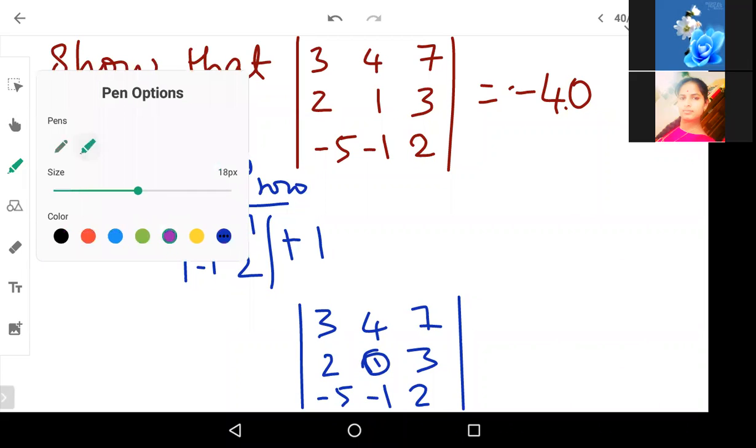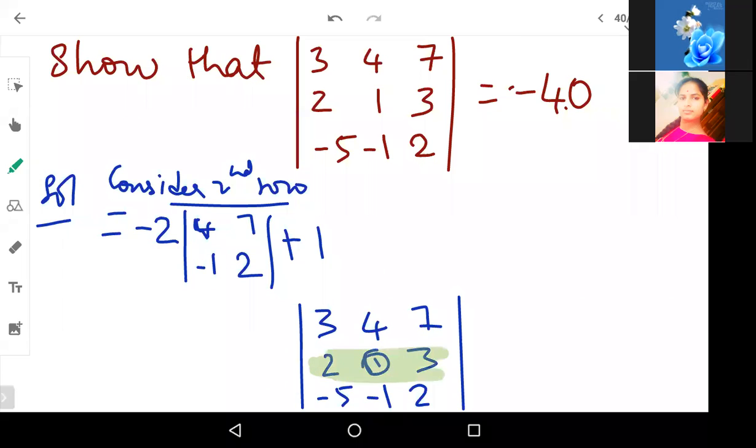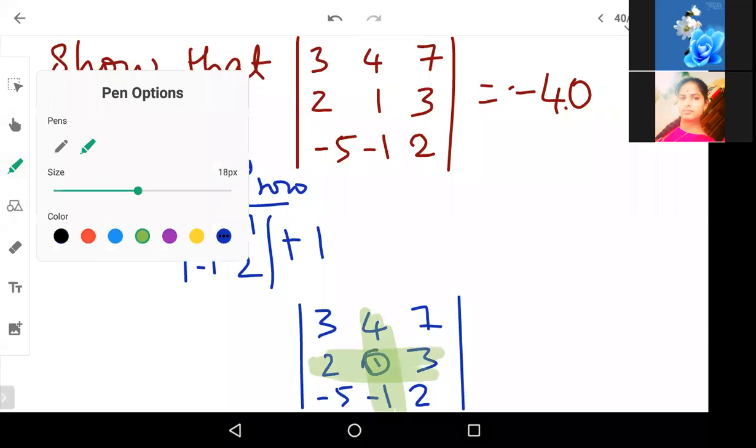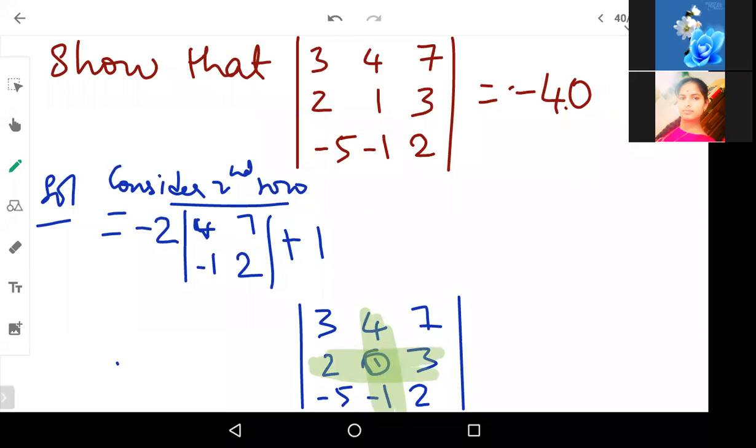So, let us remove that second row and second column. So, what will be the minor? 3, 7, minus 5 and 2. Correct.